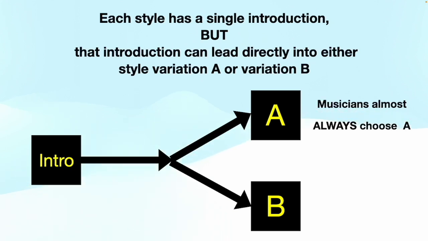So one way to do that is to start the song with variation A, which is always going to be simpler, quieter, calmer than variation B, and then halfway through the song, switch from A to B, and the song will usually be louder. I should say the style will be louder and more dramatic and build more excitement.